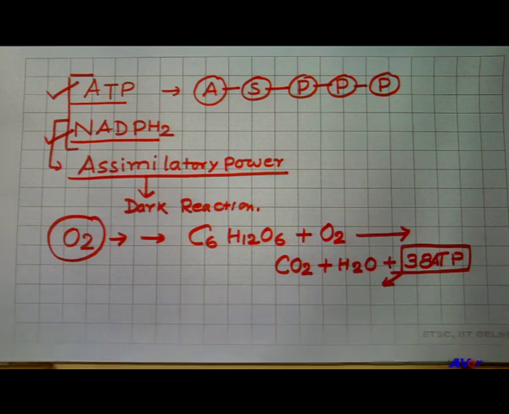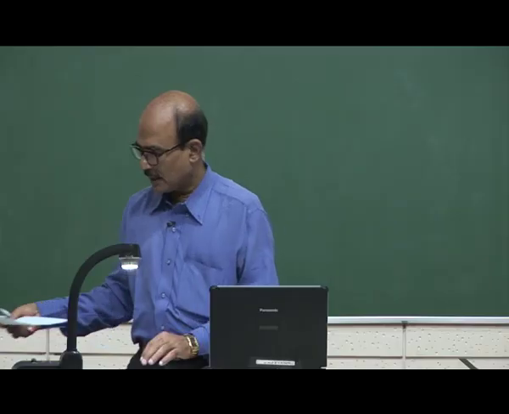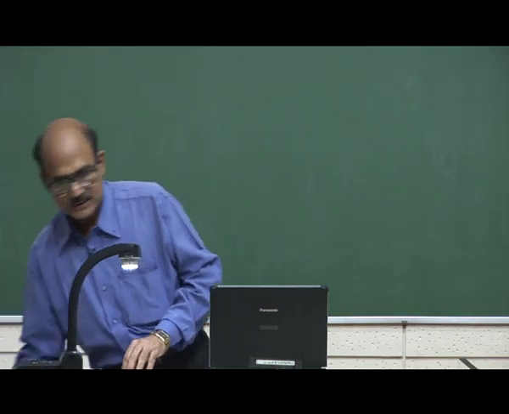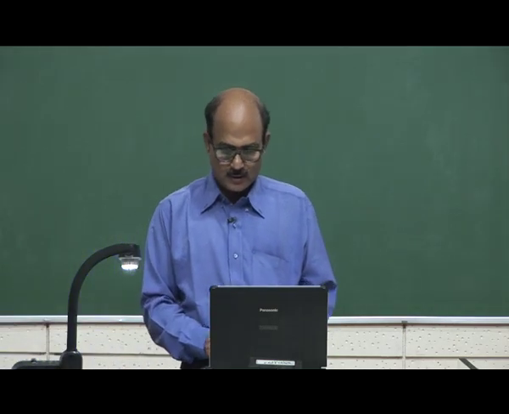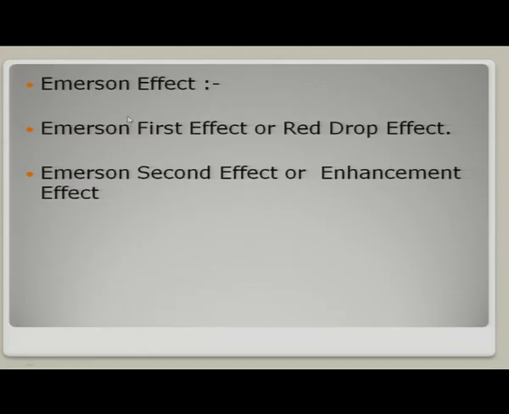Now, as I have already left out certain things, there are two effects given by Emerson. Emerson's first effect is called the red drop effect, and Emerson's second effect is called the Emerson enhancement effect.